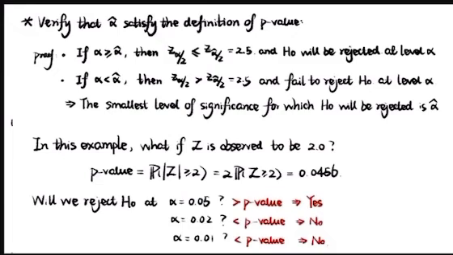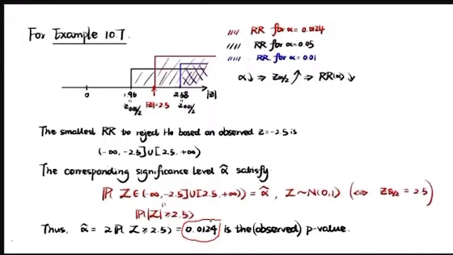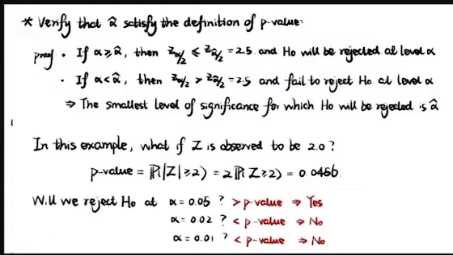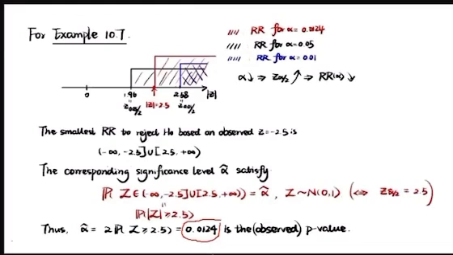We got 0.0124. If your level of significance is 0.05, and the p-value is less than the level of significance, we reject H naught.